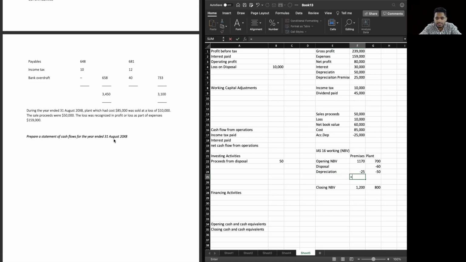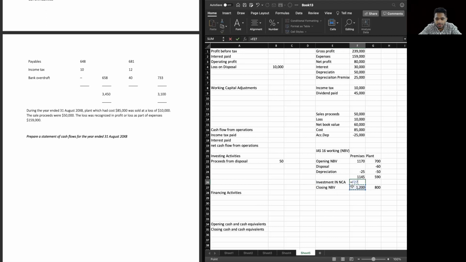So when you look at the IAS 16 working, 1,170 minus 25, your balance should be 1,145. 700 minus 60 minus 50, that will be 590. So the differences would be the investment in non-current assets.